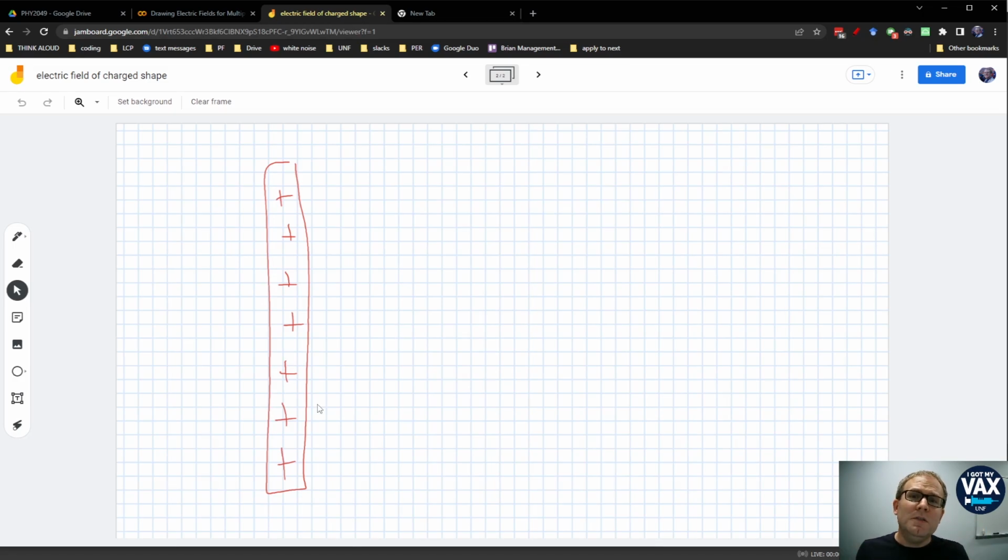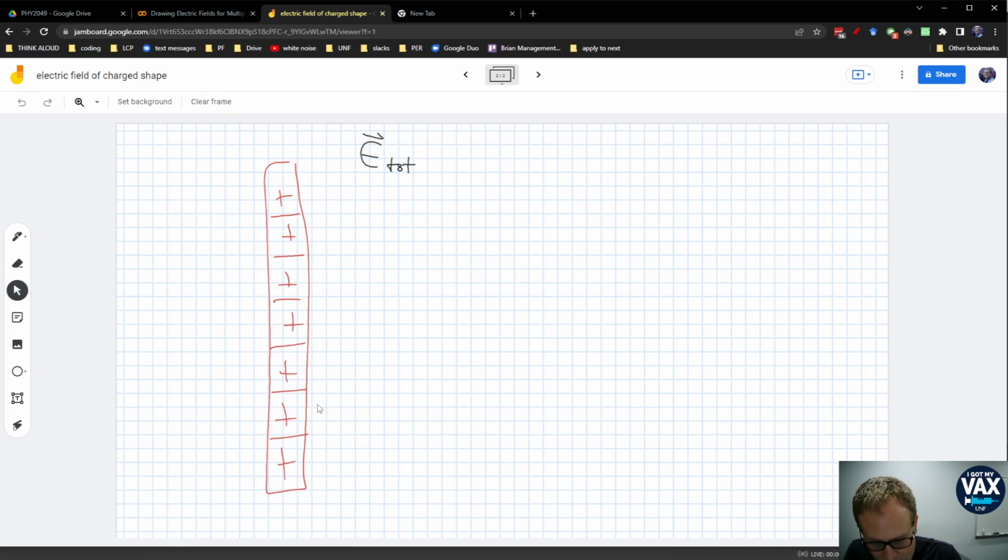Well, the way you do this is you think about dividing up the object into teeny tiny pieces. So for example, here, I might think about taking this charged rod and dividing it up into a whole lot of smaller pieces. So I've got small positive chunks now. And what I can do is say that the total electric field at any point, right?